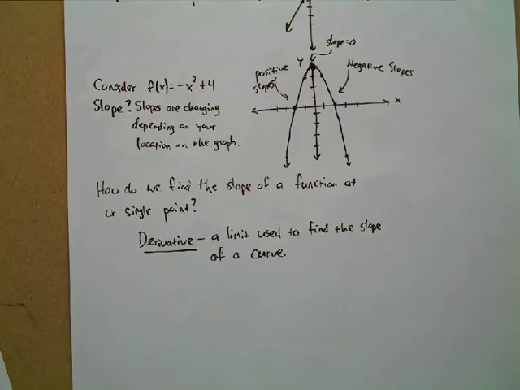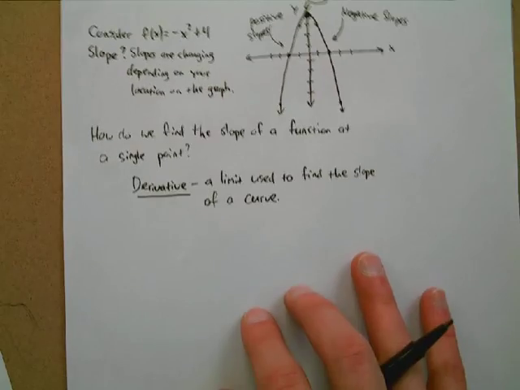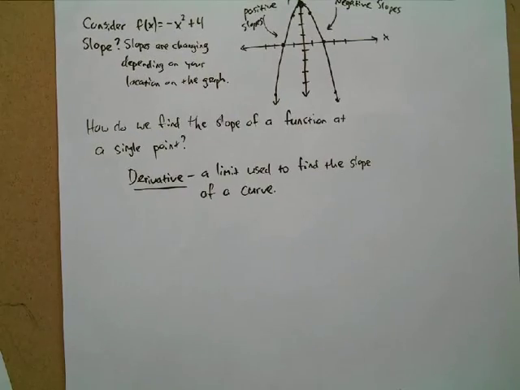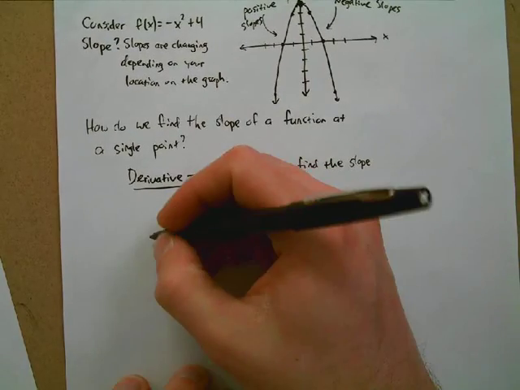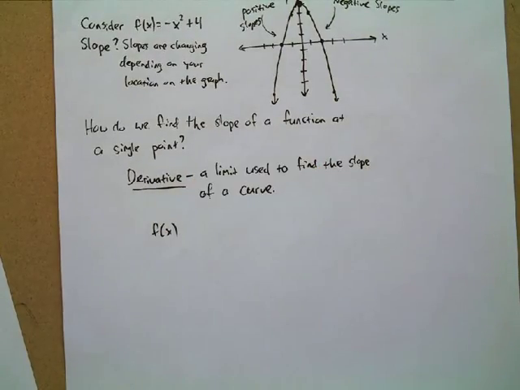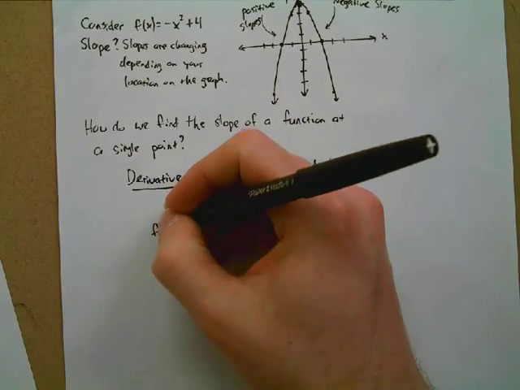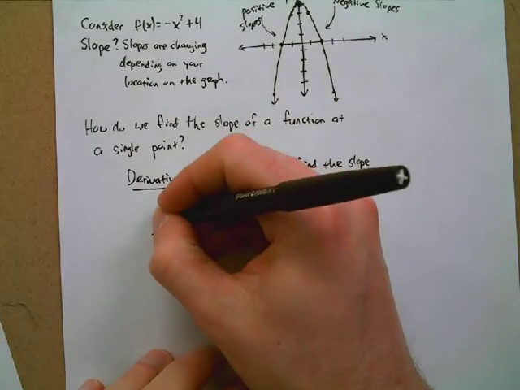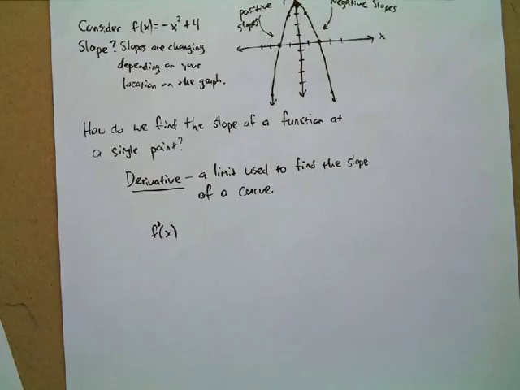The way we denote the derivative of a function, or one way to denote it, is to take that function, because they're so closely related. The derivative directly tells us lots of information about that function. So you put a little apostrophe here, and that's called f prime of x. F prime denotes the derivative of the function f.